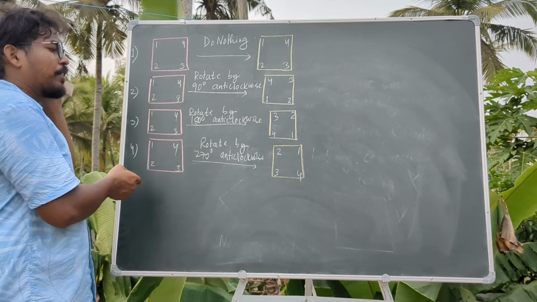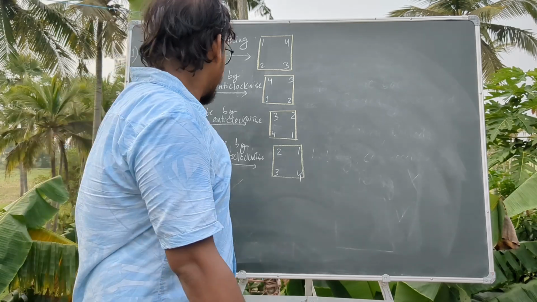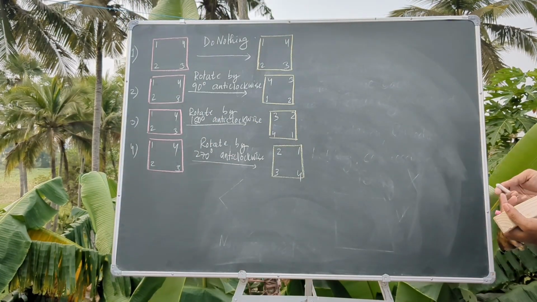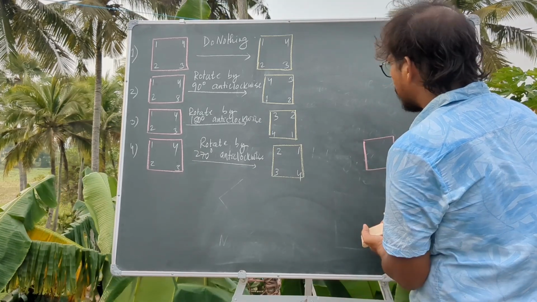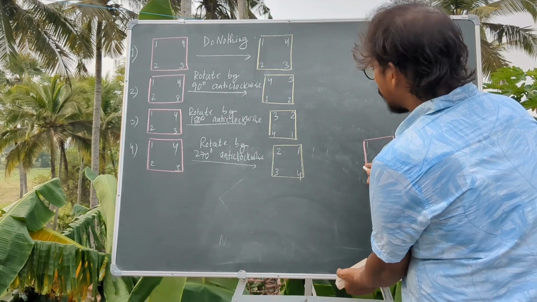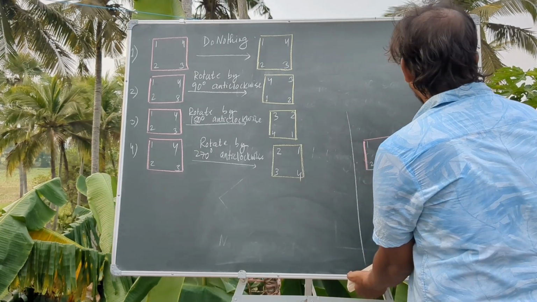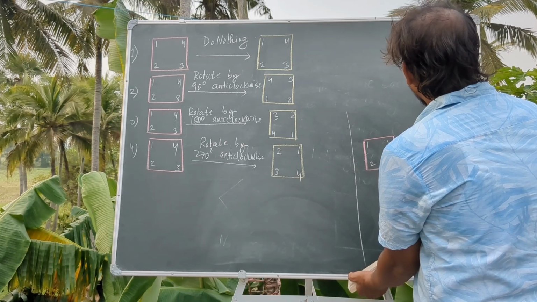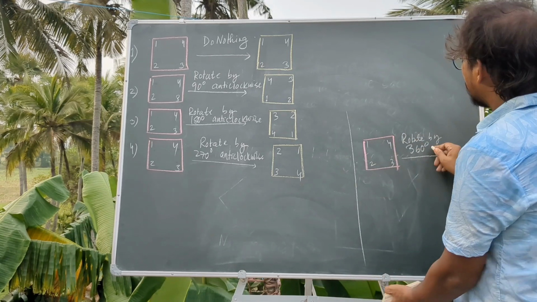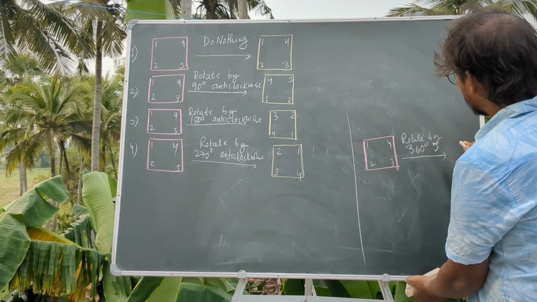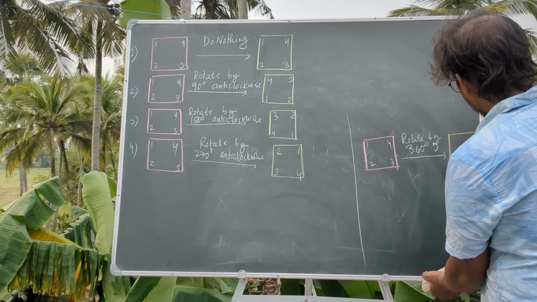So what about 360 degree rotation and other rotations? See, if we do a 360 degree rotation anti-clockwise, this is our square, 1, 2, 3, 4, and rotate by 360 degrees anti-clockwise, and we will get our square back.